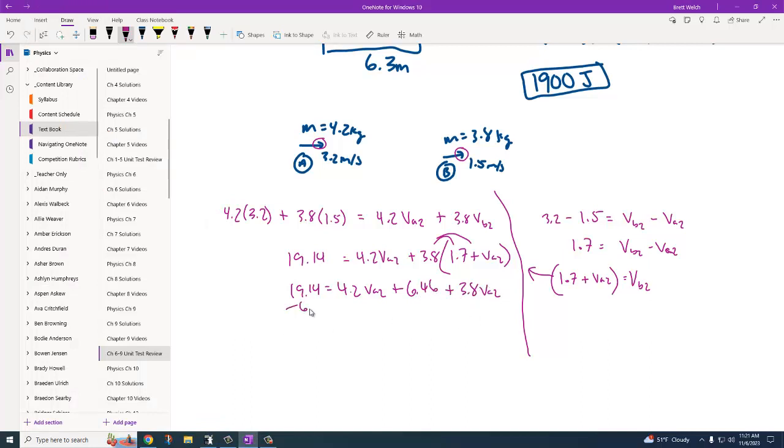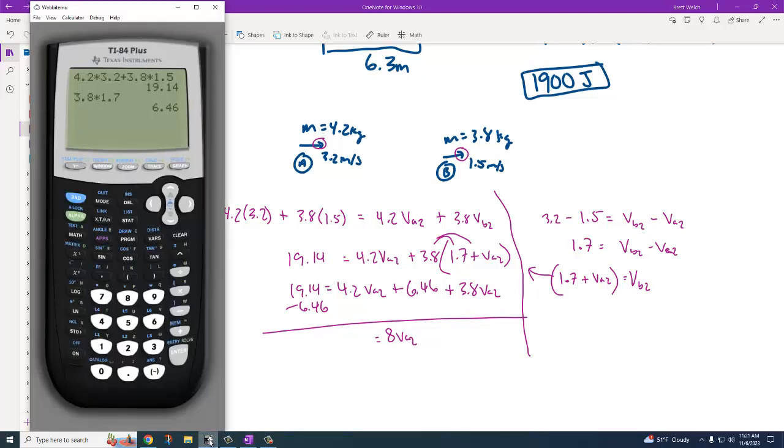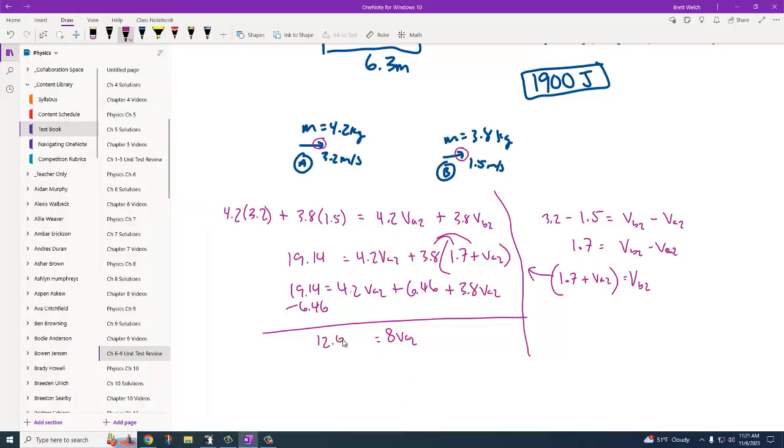I'm going to subtract the 6.46 and combine my like terms. I think this becomes 8 VA2 equals 19.14 minus 6.46, which is 12.68, if I did that all right. 12.68, and we divide both sides by 8.